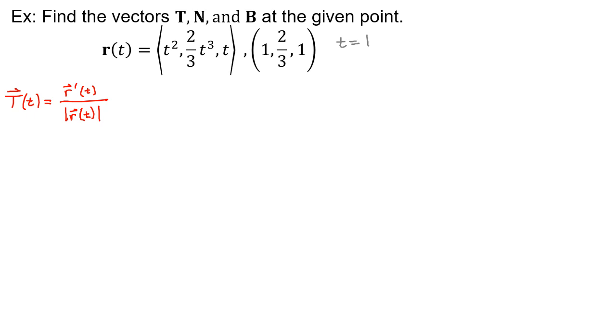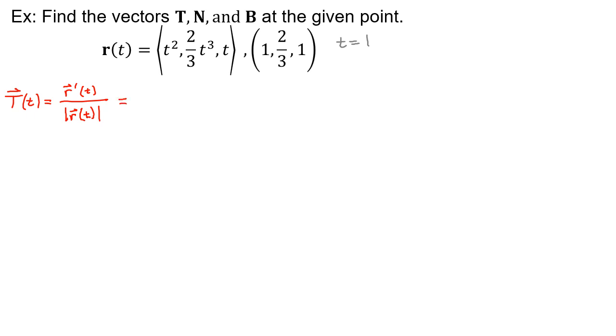I will have to do it with the function, at least this part right here, because when I find the unit normal, I have to use the function for the T to find the N. So at this point, I'm going to have to do the functions themselves.